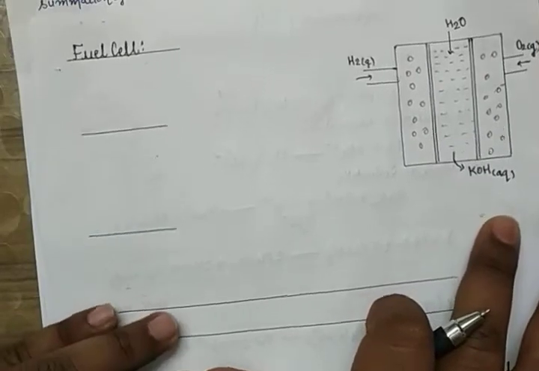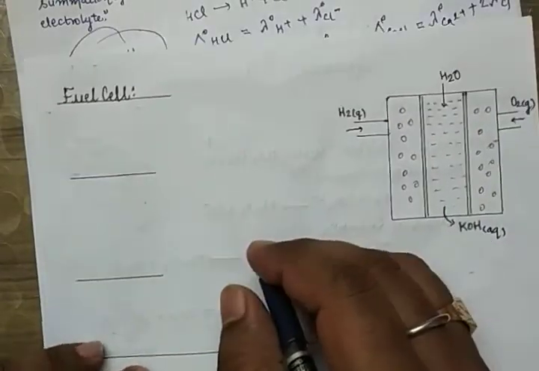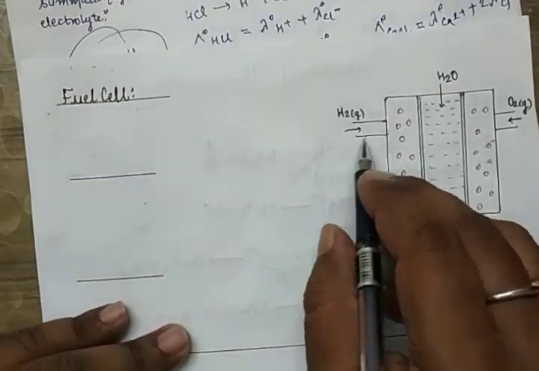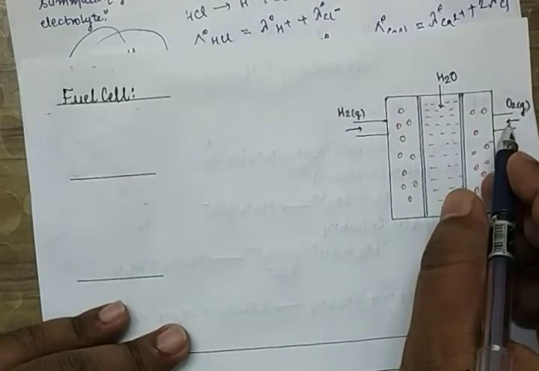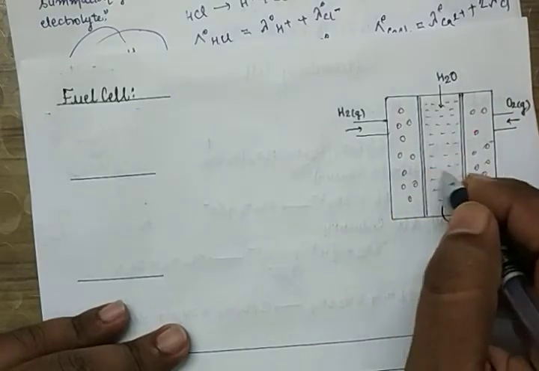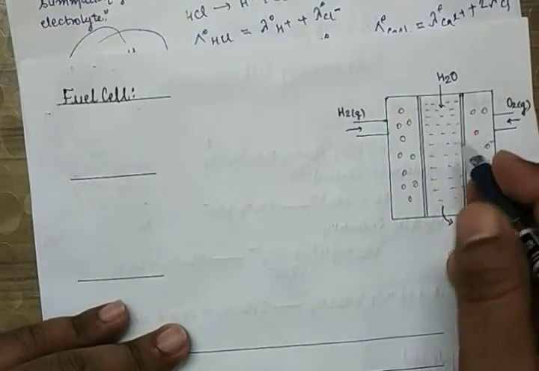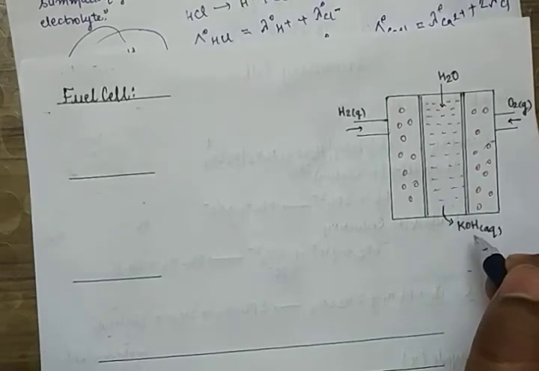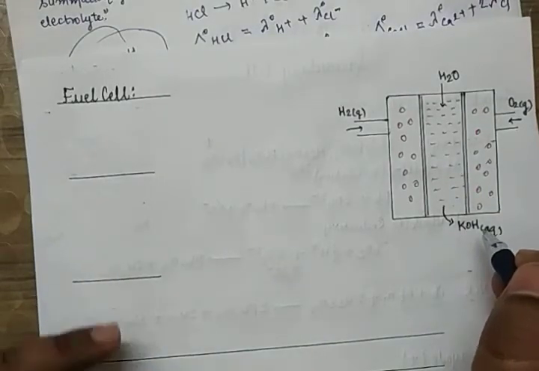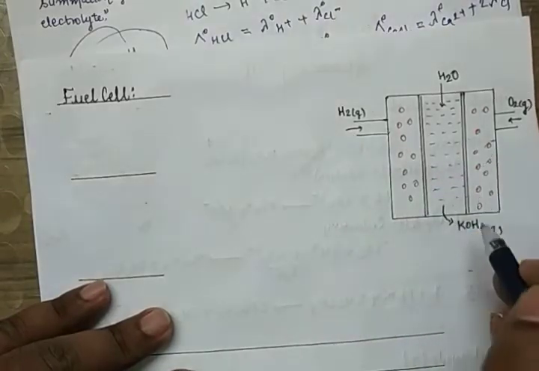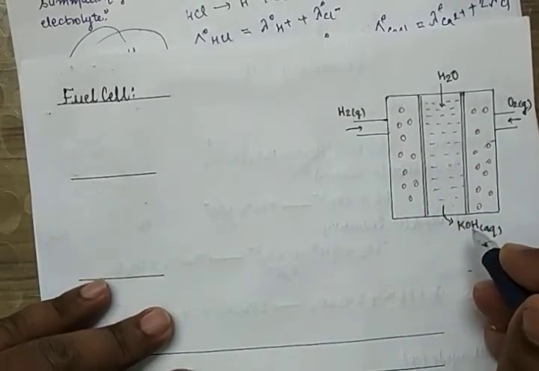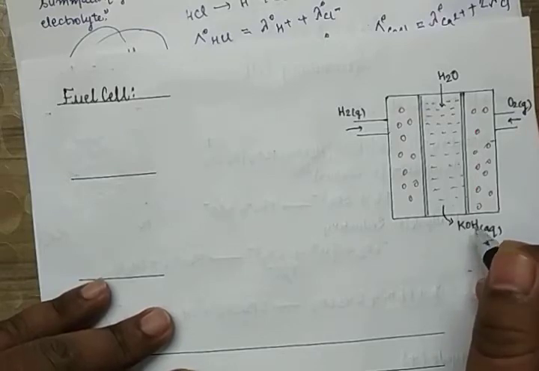Now we have the next cell, the fuel cell. So you know the fuel cell. It is also known as the hydrogen oxygen fuel cell. In this case we pass hydrogen gas from the left hand side and oxygen gas from the right hand side, and here there are 3 chambers. In the middle chamber there is a KOH electrolyte solution. Now there are hydrogen molecules and oxygen molecules, and this KOH converts into K+ and OH-.